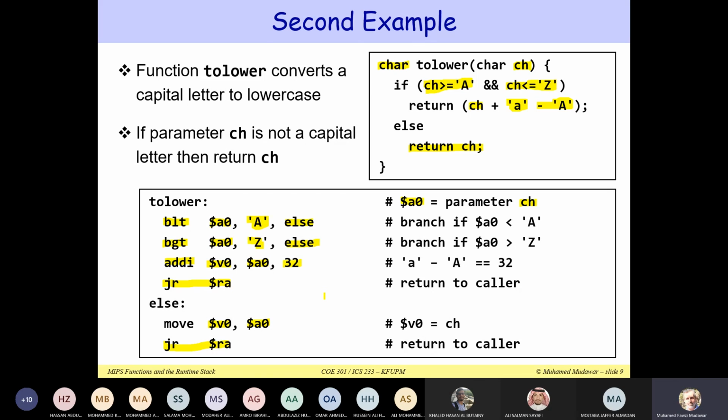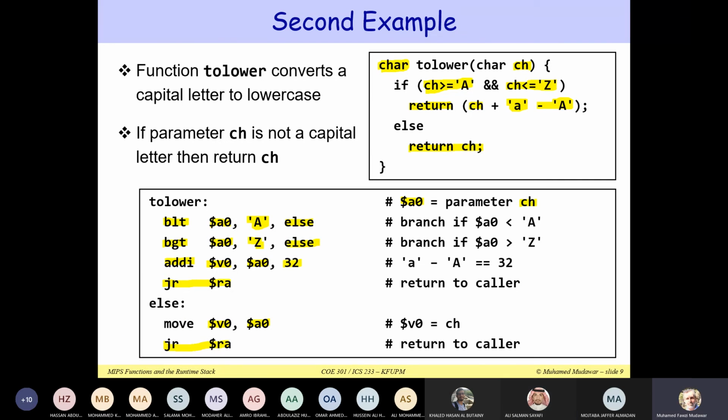Any question? Yes. Why do we add V0? We use the register V0 with A0 and 32. Why do you use register V0 here? Because the result has to be returned in V0.